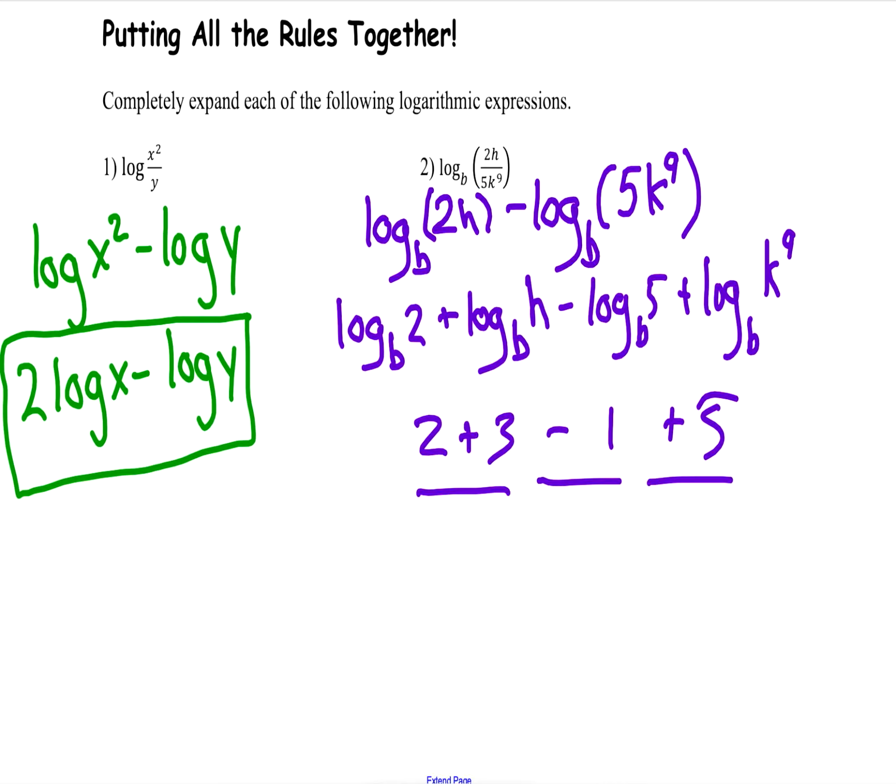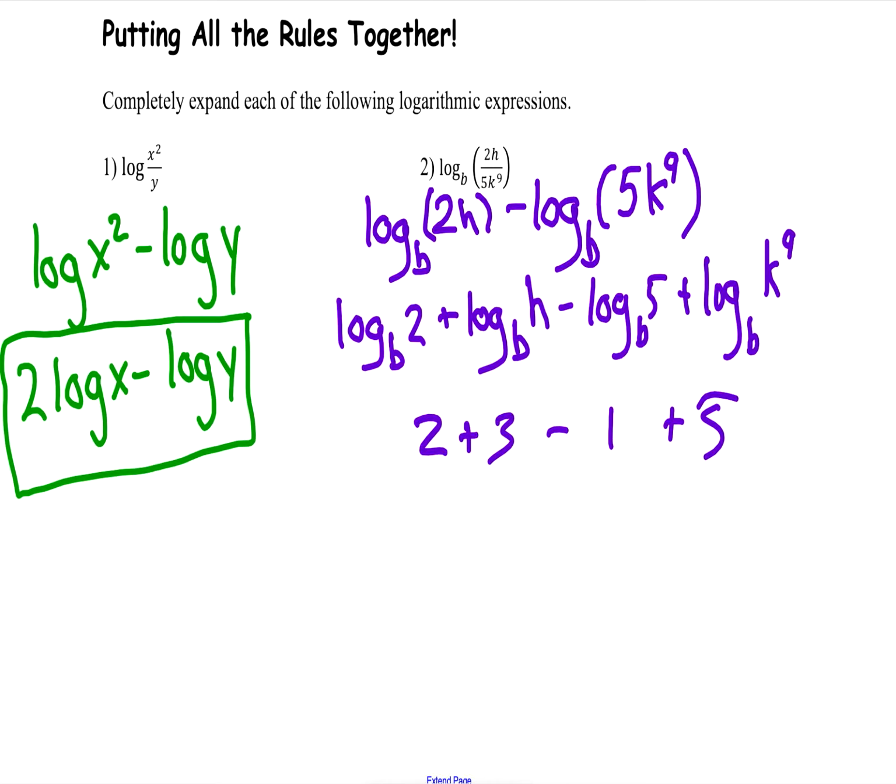But that is not what we're doing here, because this is in the numerator and this is in the denominator. So in order to separate that, we're going to use parentheses for that.